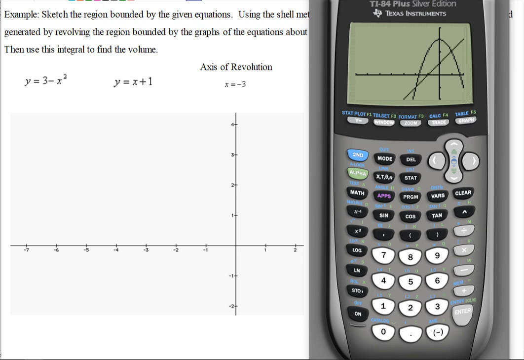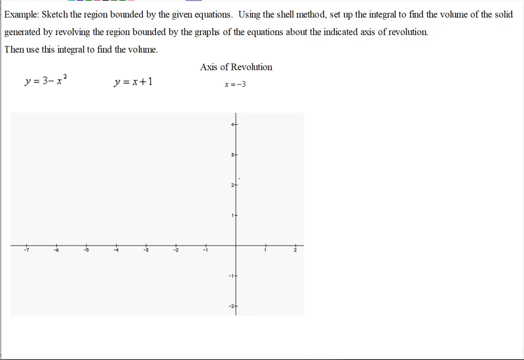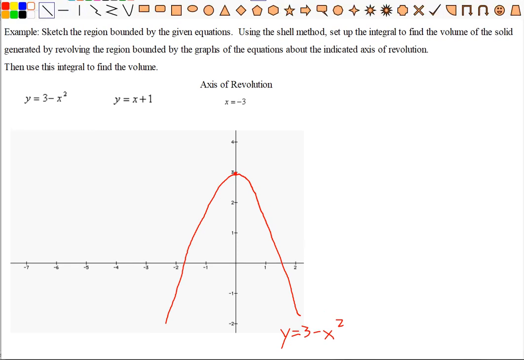So let's sketch this on paper. So our parabola looks something like this. It's 3 minus x squared. And our linear graph, you can see it has a slope of 1.